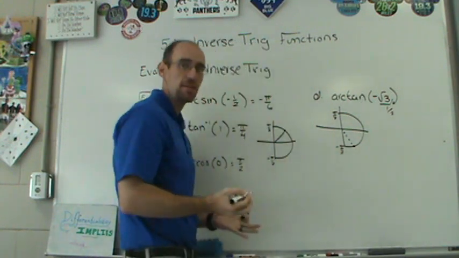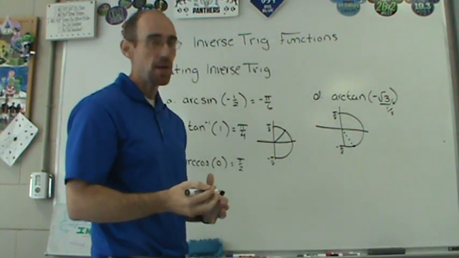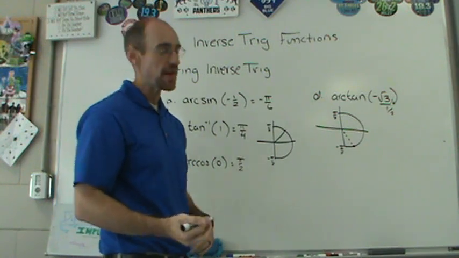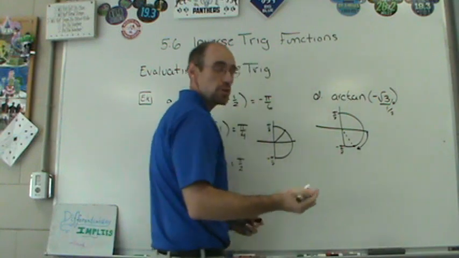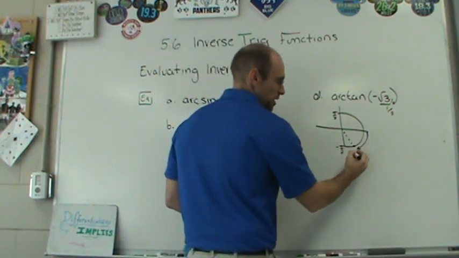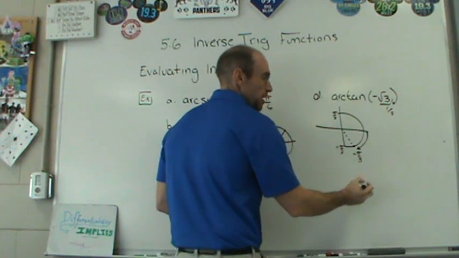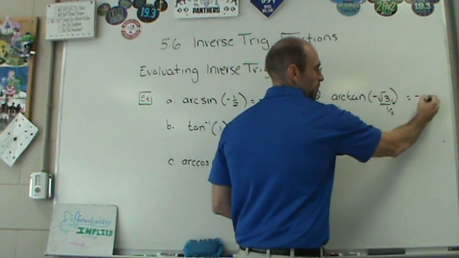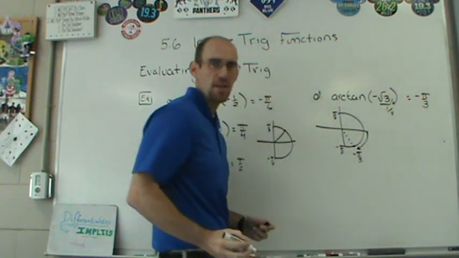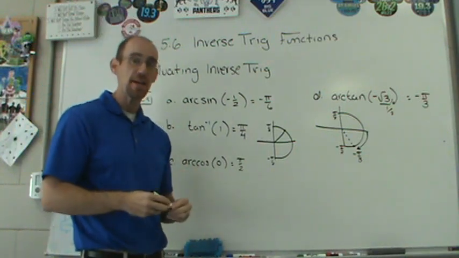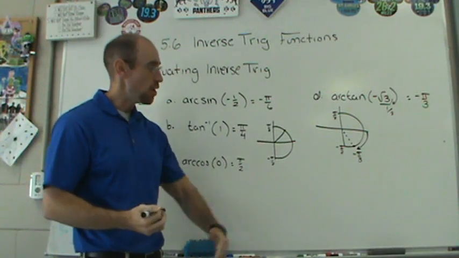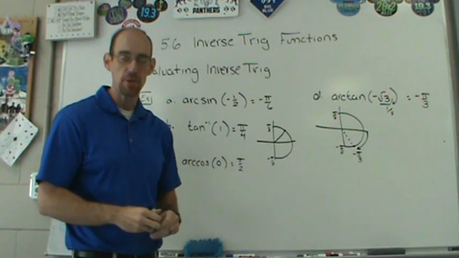Now normally that'd be 5π/3, but can't use 5π/3. We got to stay within this range. So again, go down, or you could subtract 2π from that, which gives us -π/3. So this is -π/3. All right, so there are values for evaluating these. Again, know your unit circle and know the restricted range to evaluate these.